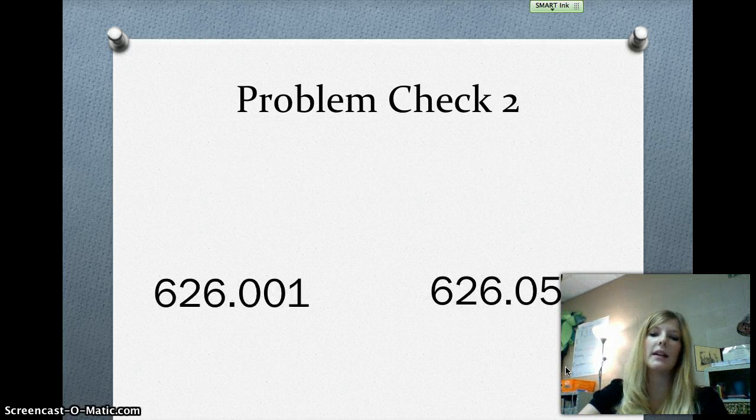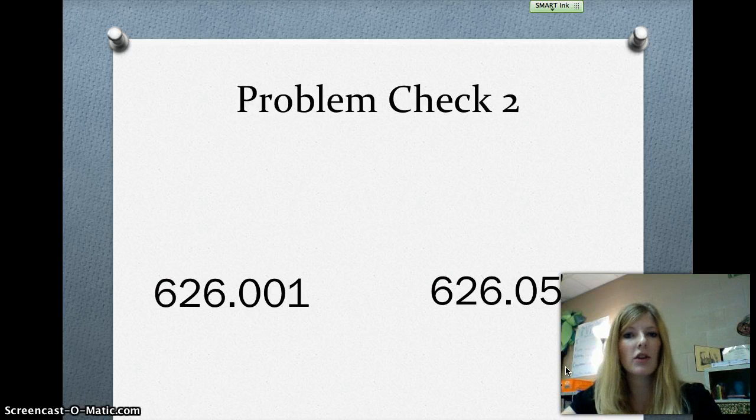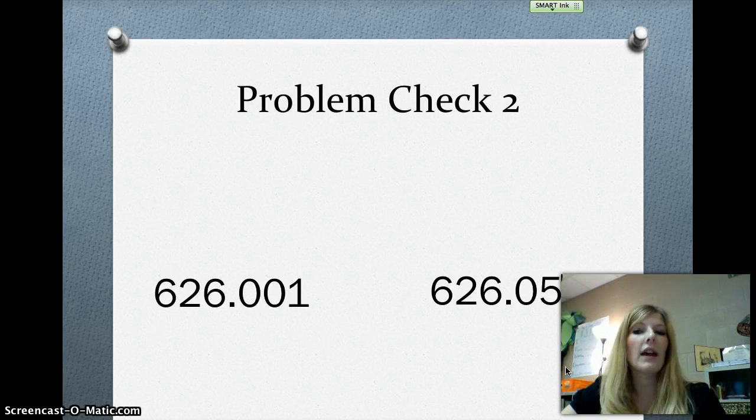And our last one, 626 and 1,000th and 626 and 500ths. So use that step-by-step guide, write those numbers down in your notebook, and use the greater than, less than, or equal to sign to compare the two decimals. If you're not finished yet, pause the video because I'm going to give you the answers now.